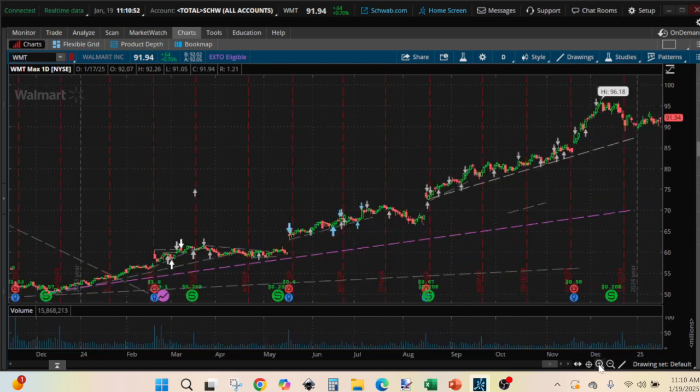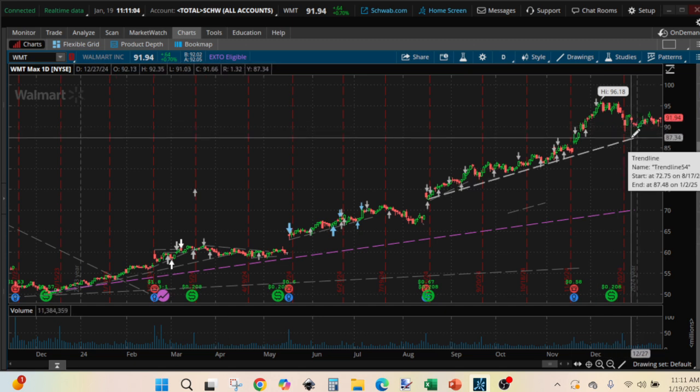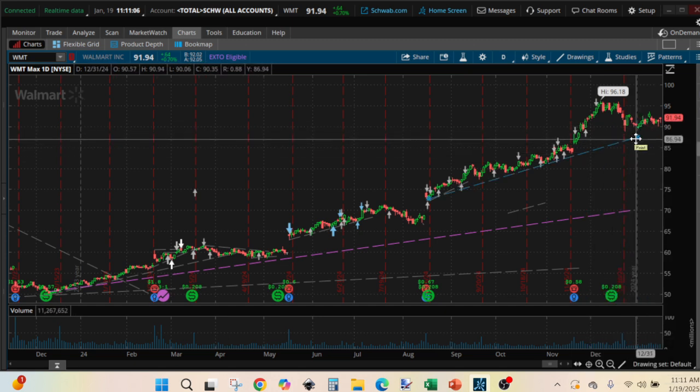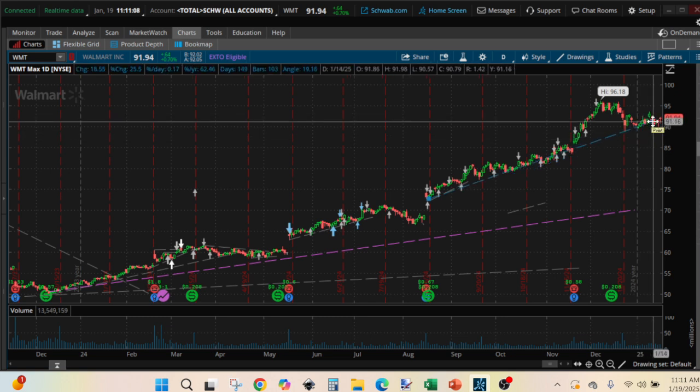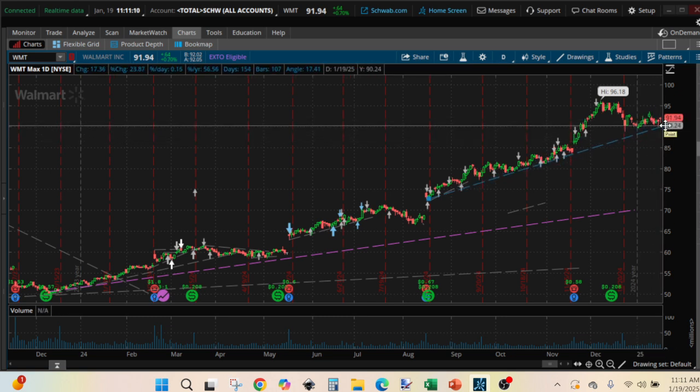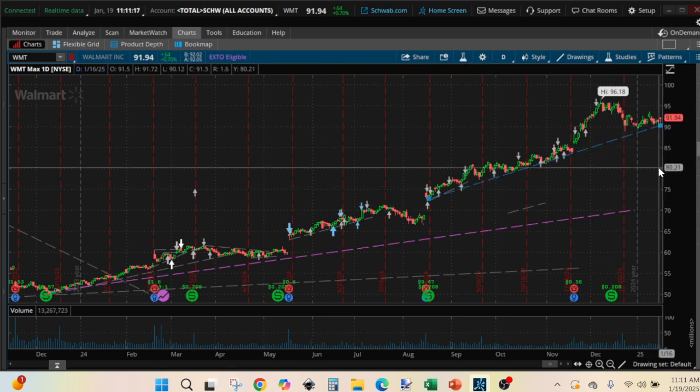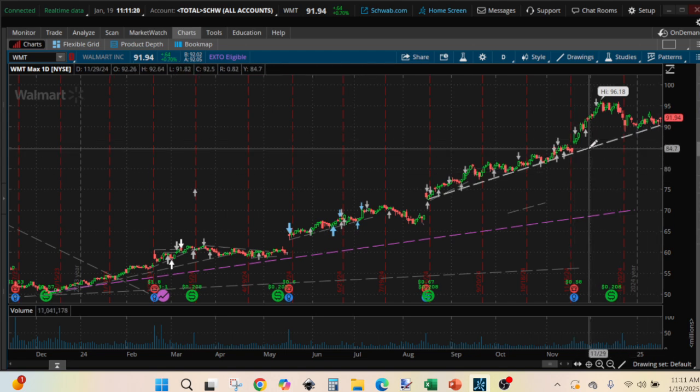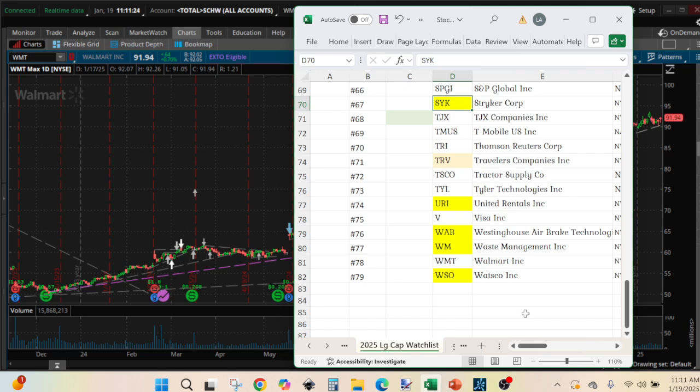It's not going that far down yet, and we bought it quite a bit around this trend line in 2024, but it is nowhere near ready to fall off of it yet. But yeah, we can just wait on it at the purple trend line.